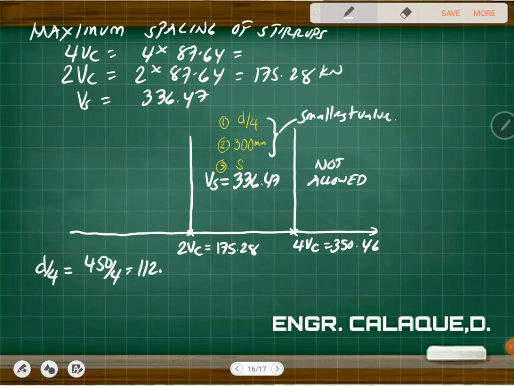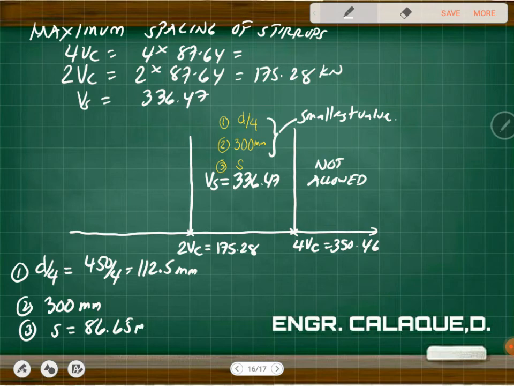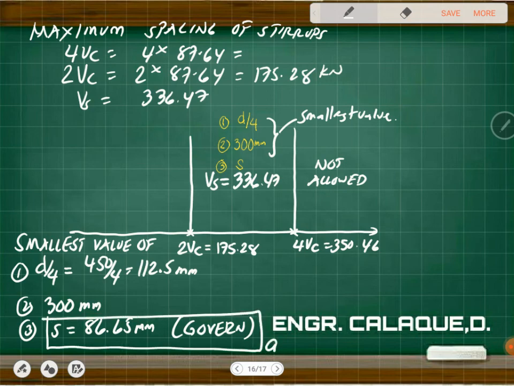So, that is 112.5 mm. Okay? And number 2, we have 300 mm. And then, number 3 is yung kinumpute natin na spacing. We have 86.65. So, smallest value of this one. So, ito yung mag-govern. Okay, so we have 86.65. Okay. So, yun yung mag-govern sa design.